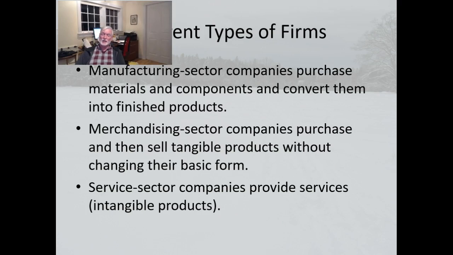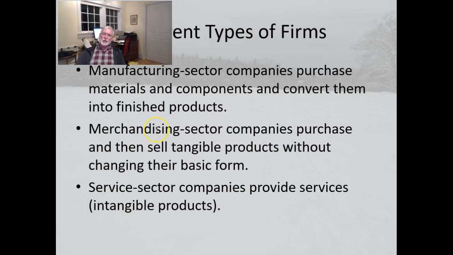Companies that manufacture, companies that change the form of products. They buy something and they modify it and it becomes something different. BMW is certainly an example. We buy steel and we form it into cars. Buy lots of different components and form them into cars. So we purchase those materials and we convert them into finished products.